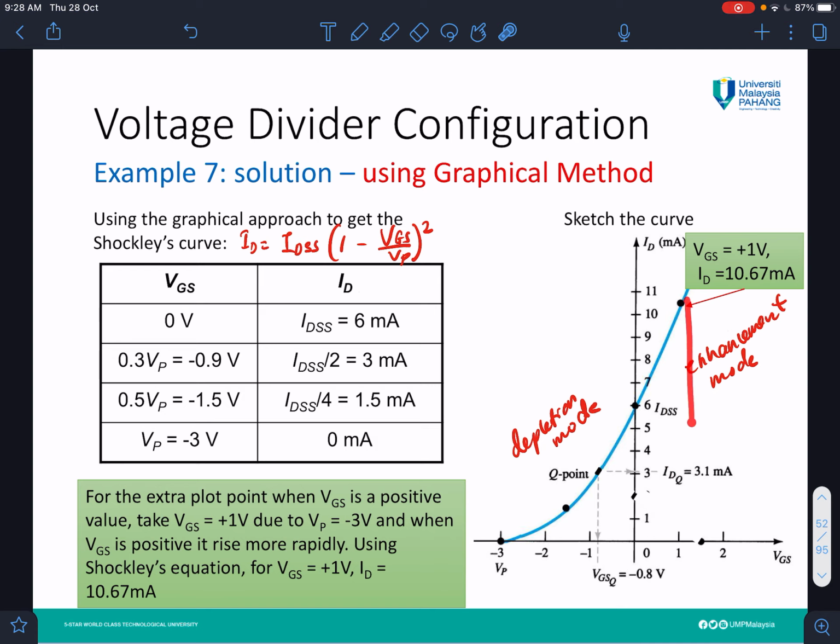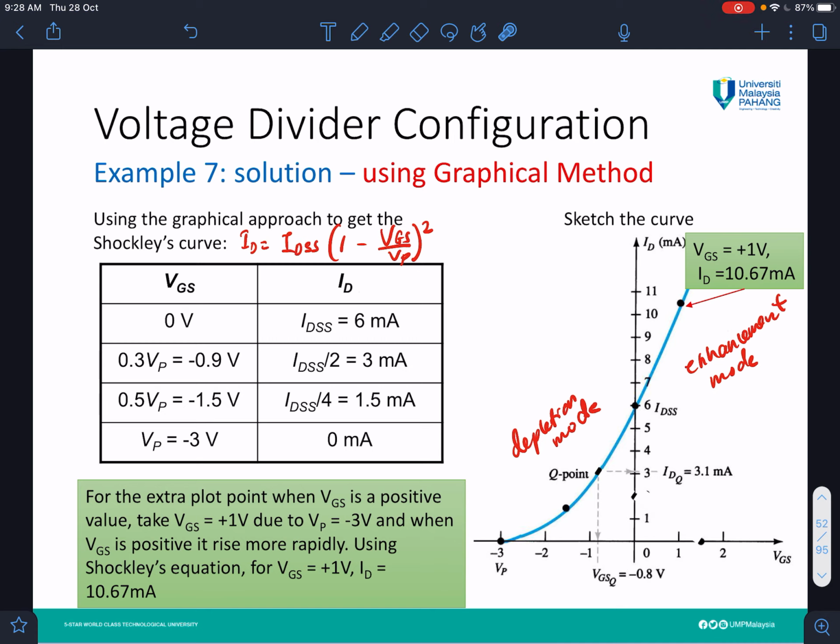Using the Shockley equation for VGS equal to 1, the ID is 10.67 milliampere.